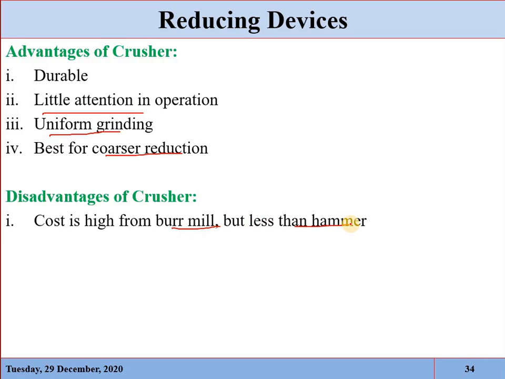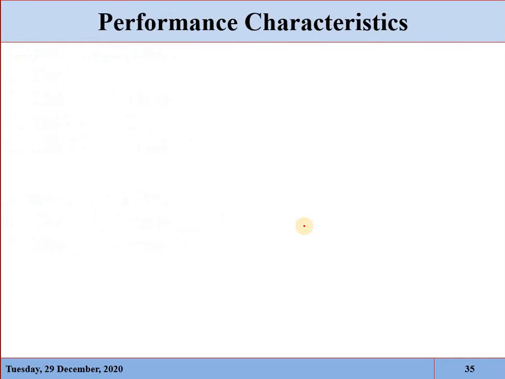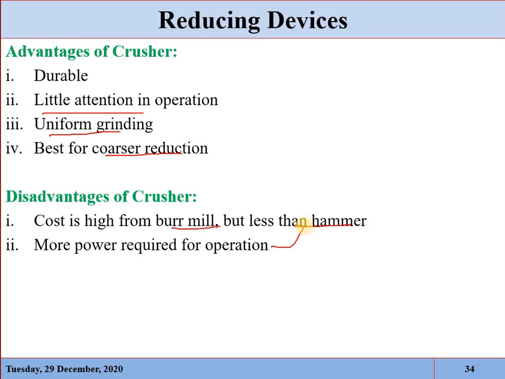Meaning the cost of the crusher is in between the hammer mill and the attrition mill. Also more power is required for operation. So these are the three main reducing devices which are used for reducing the sizes of dry products, mainly dry product, remember.